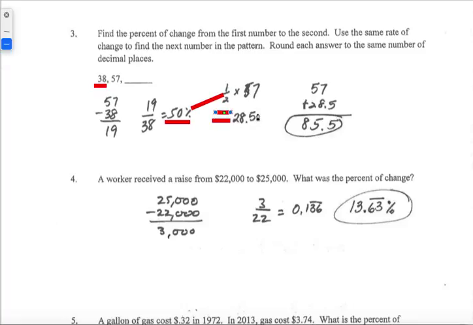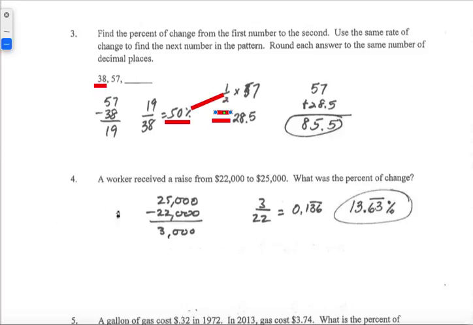Then that value will be added back onto 57, 57 plus 28.5, and we'll get 85.5. That's my new number. It's increasing by 50% from one number to the next. It is not a constant rate of change. There's not the same amount being added repeatedly. It's going to change as the numbers increase.